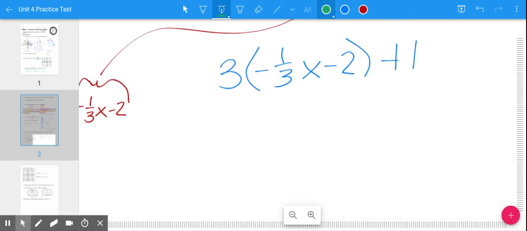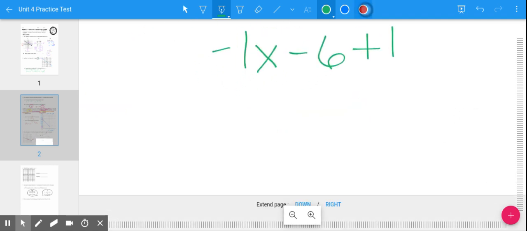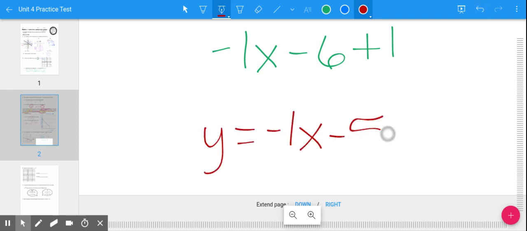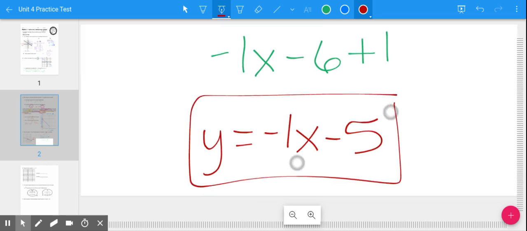My first step is going to be distribute. So 3 times negative 1/3 is going to be negative 1x, minus 6, plus 1. Then I'm going to combine like terms. So I'm going to get y = negative 1x minus 5. Then I'm going to graph this new line.